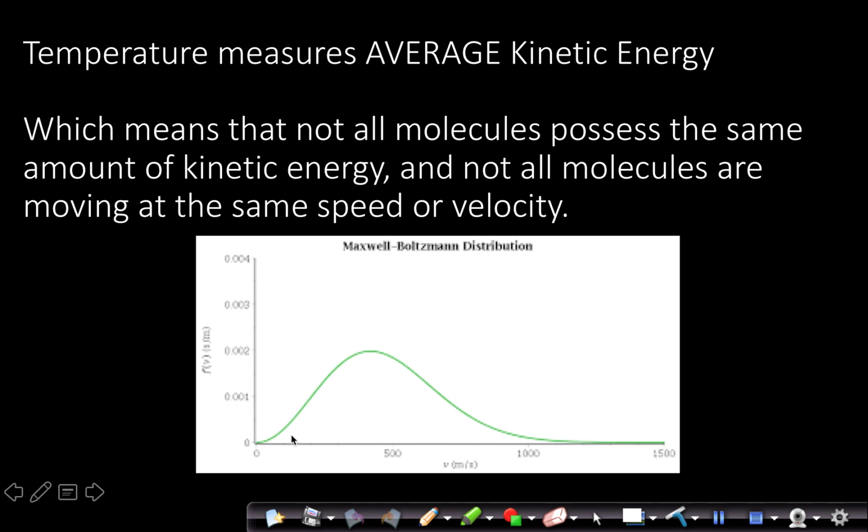What we have here is the relative amount of molecules and then the speed over here on the x-axis. This curve shows us that the most prevalent molecules are right here. And underneath the curve, the area tells us the amount of molecules. So as we change the temperature, we don't change the amount of molecules, but we will change this distribution of how many molecules have what kinetic energy.